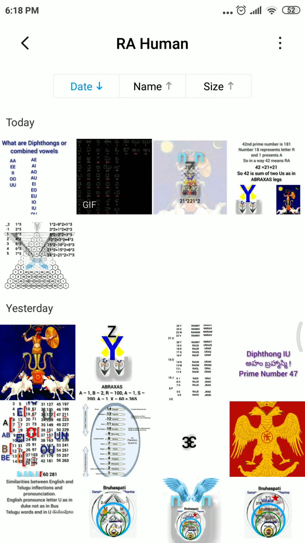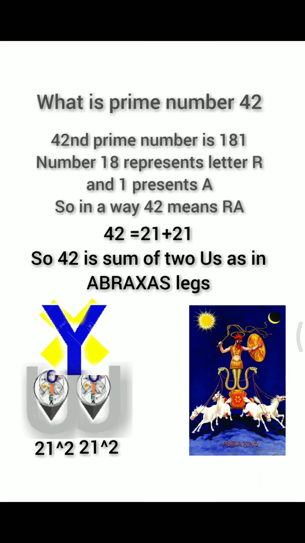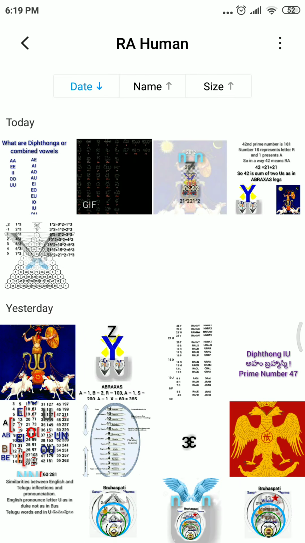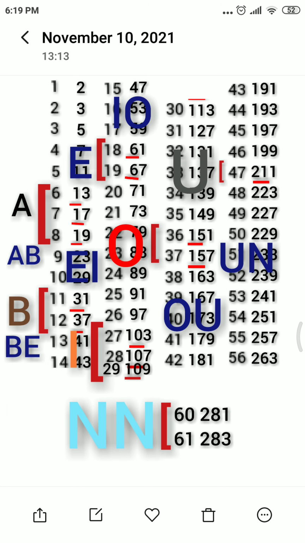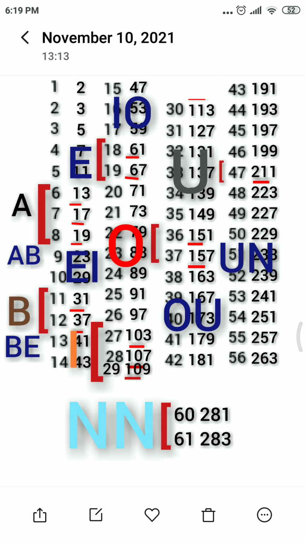So that was that, and then let us go here. Basically I just wanted to explain what 42 is. 42, as we know, is the 42nd prime number, which is 181.